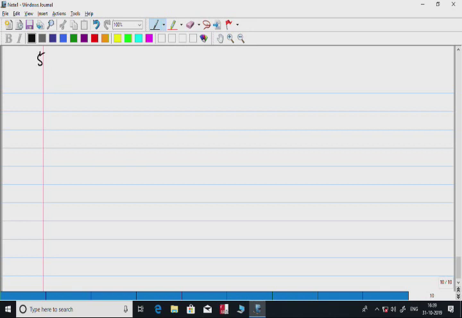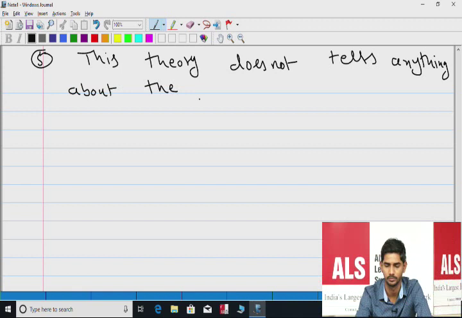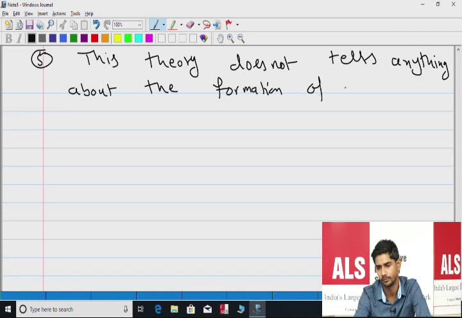And even this one is also a drawback, that this theory does not tell anything about the formation of a chemical bond.